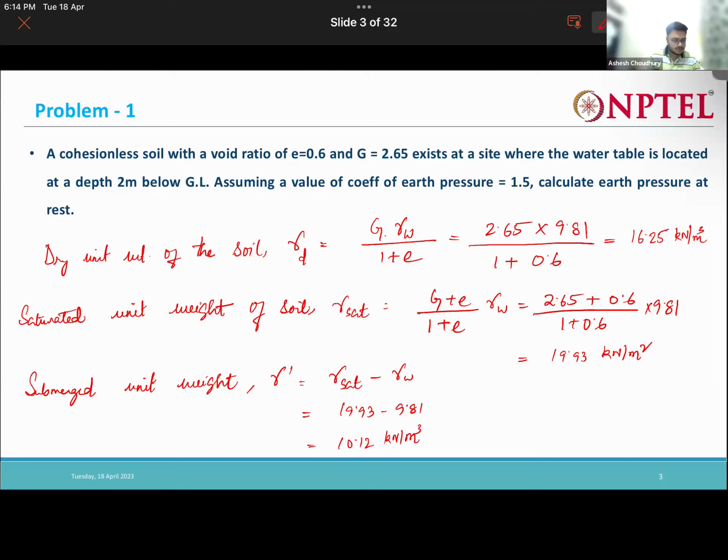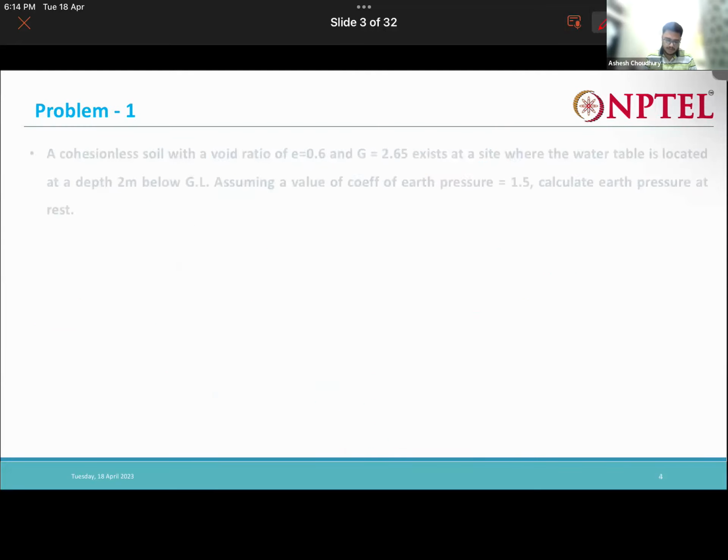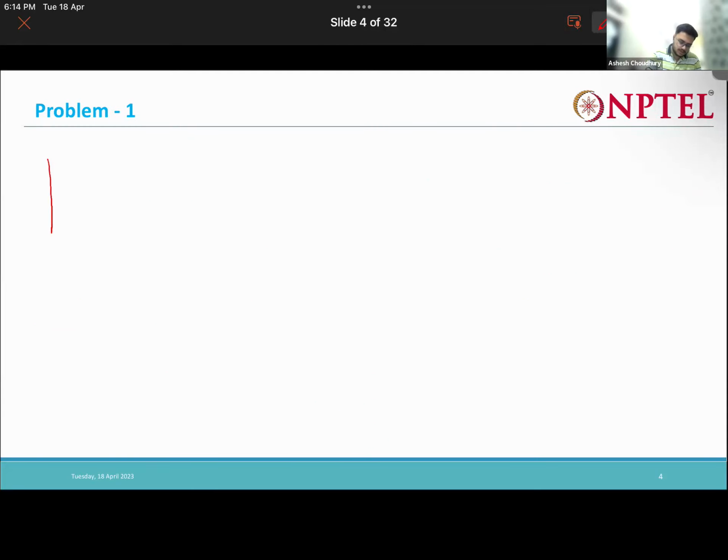Okay, so now the total height is actually 5 meters.